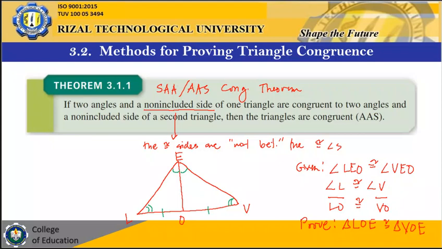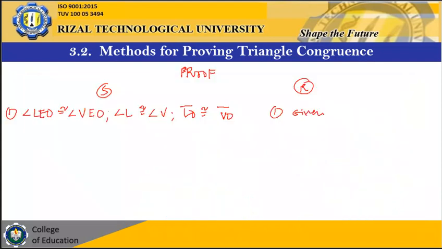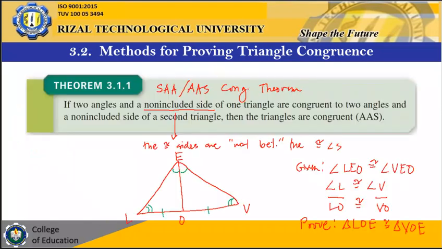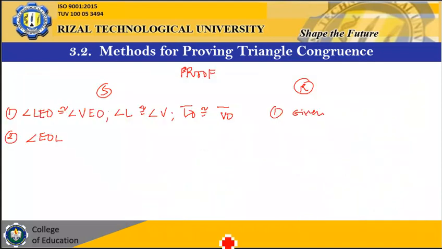So therefore, we can also say that angle EOL is congruent to angle EOV, and this is by the law of detachment, because two angles of the triangle are already congruent.